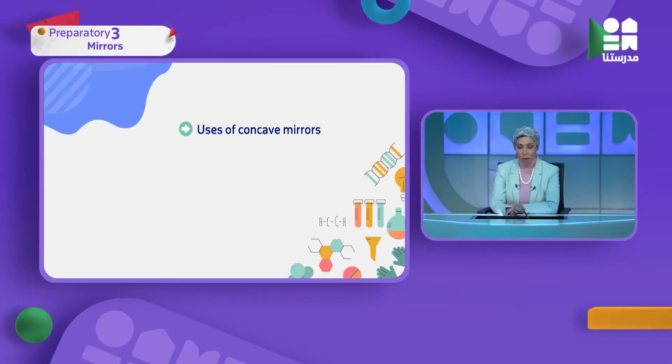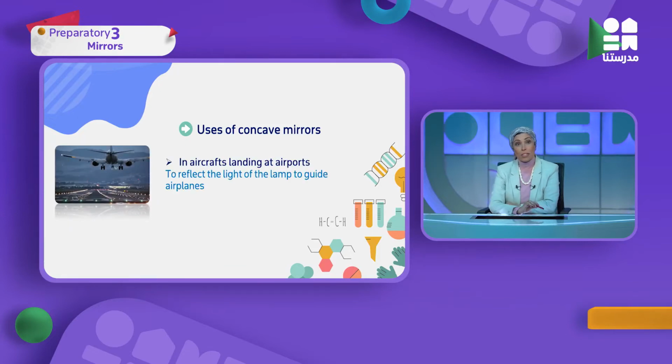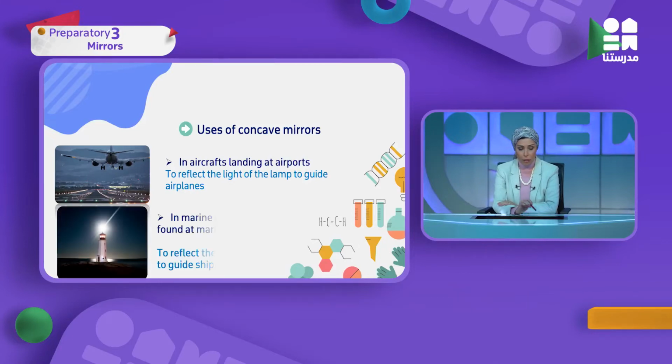طيب what are the uses of the برضو concave تاني؟ Here in the airports والaircrafts في المطارات we can see that on landing لما البلينز بتعمل landing so في dark time so they use the concave mirror عشان تعمل ايه؟ to reflect the light فبتزود الإضاءة زي بالظبط الفوانيس ولا الكار lights.